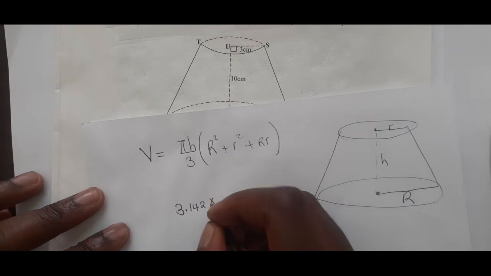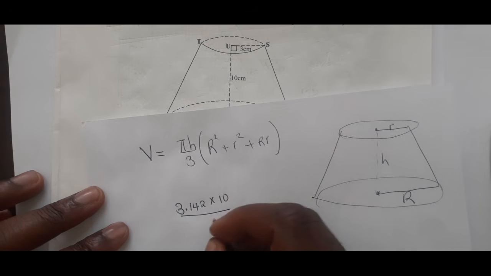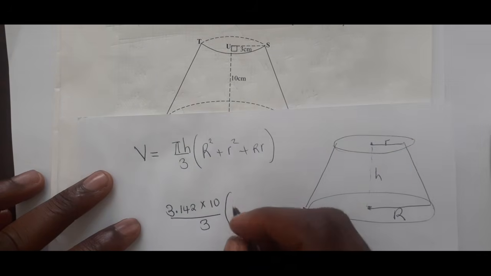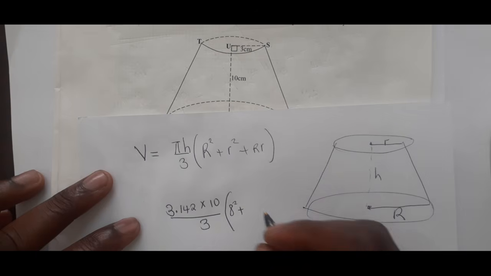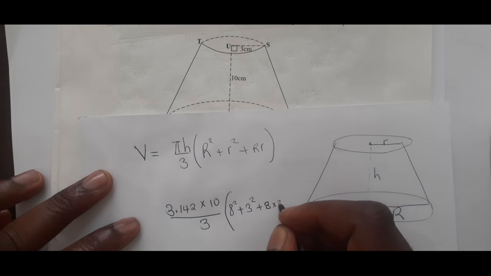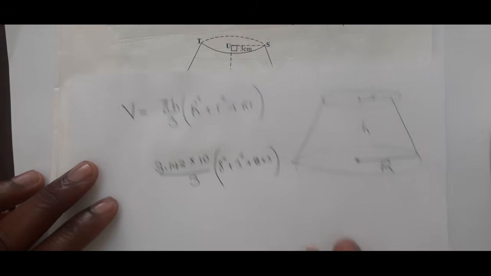3.142 multiplied by the height, which is 10 over 3, multiplied by 8 squared plus 3 squared plus 8 multiplied by 3, close brackets.